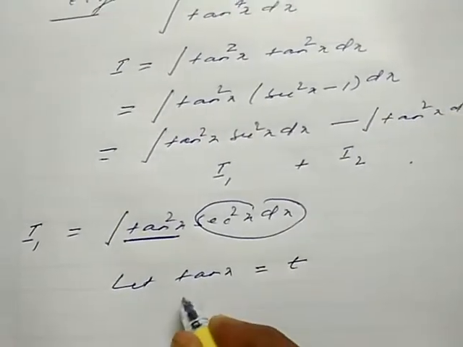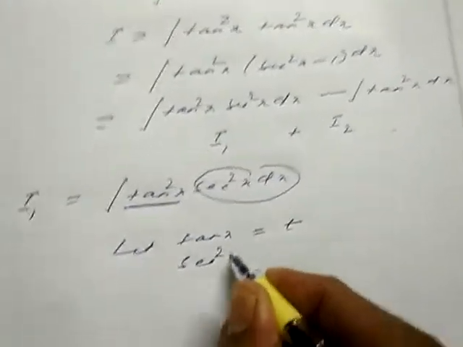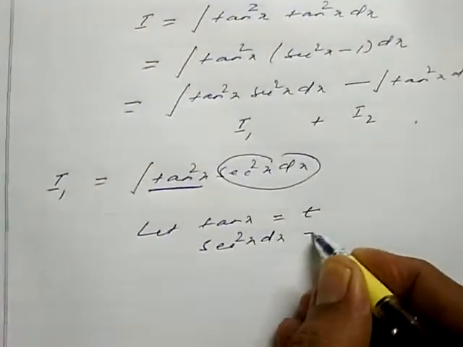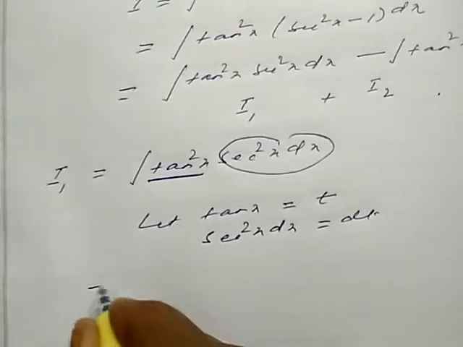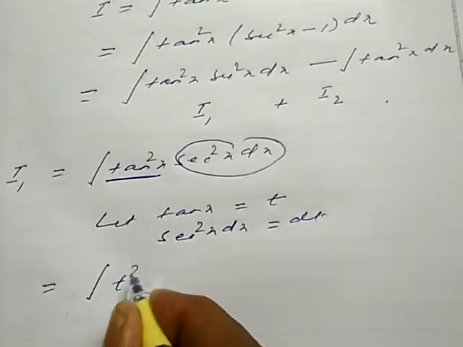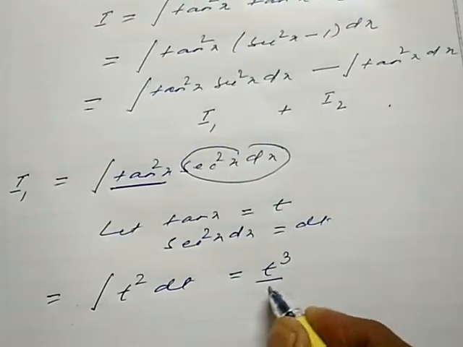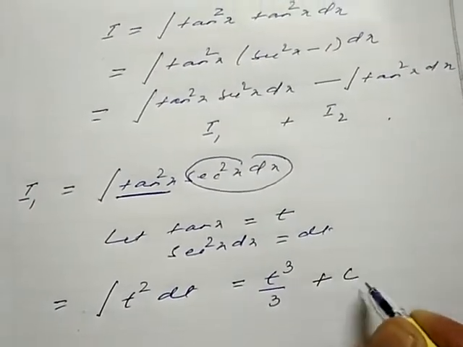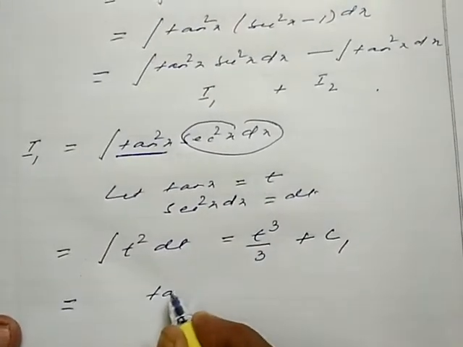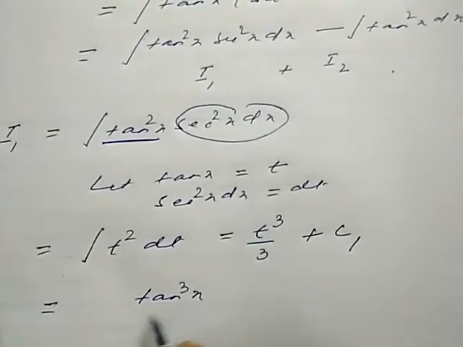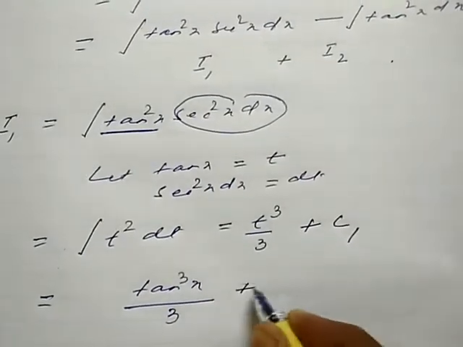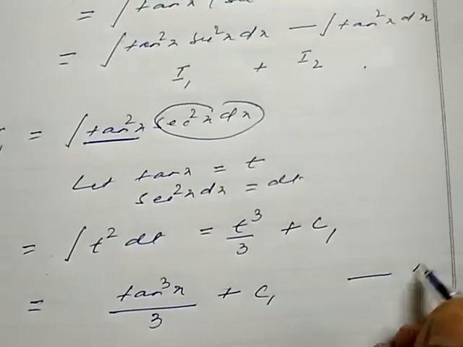The moment we do so, after differentiating, sec square x dx is equal to dt. And the complete conversion will give t square dt, and that will be t cube by 3 plus c1. What is t? You have assumed t is tan x. So it is tan cube x by 3 plus c1, and this is number 1.